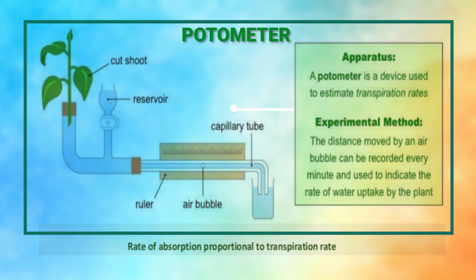Inserting a bubble in the capillary and measuring its initial position, and putting the entire instrument aside for a few hours, we observe that the bubble will move from its initial position to some other position. The change in the position of the bubble indicates the rate of transpiration during this period.